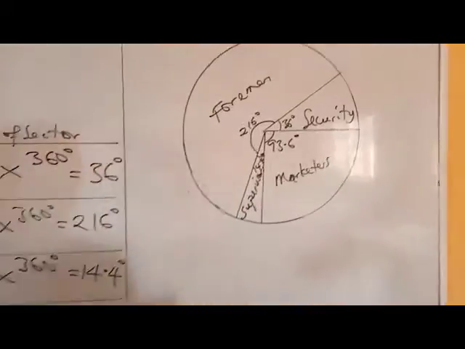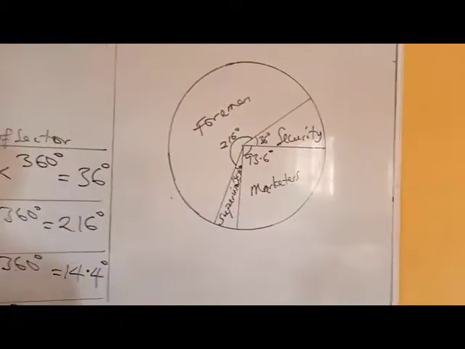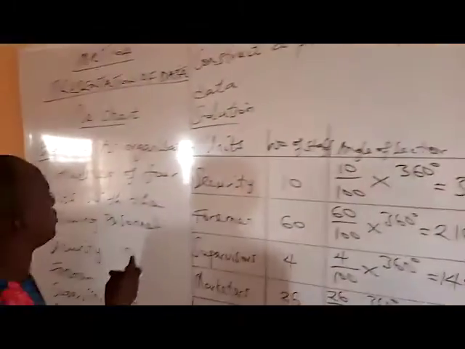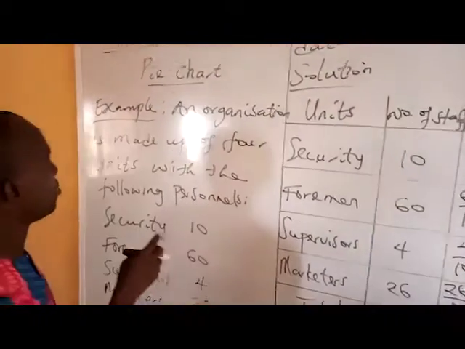What I need to do is to give my pie chart a title. We get the title from the question. It said an organization is made up of 4 units with the following personnel.